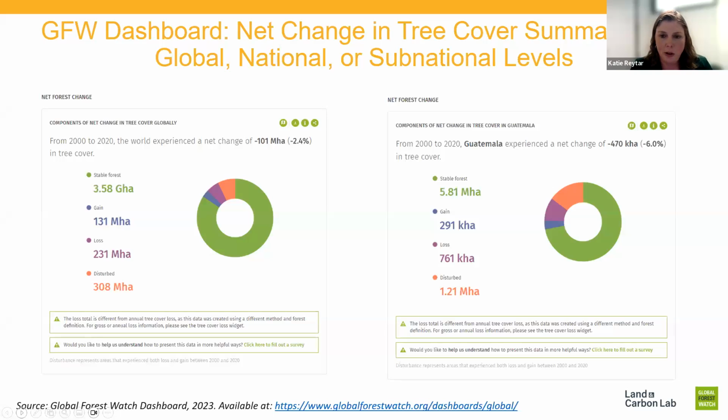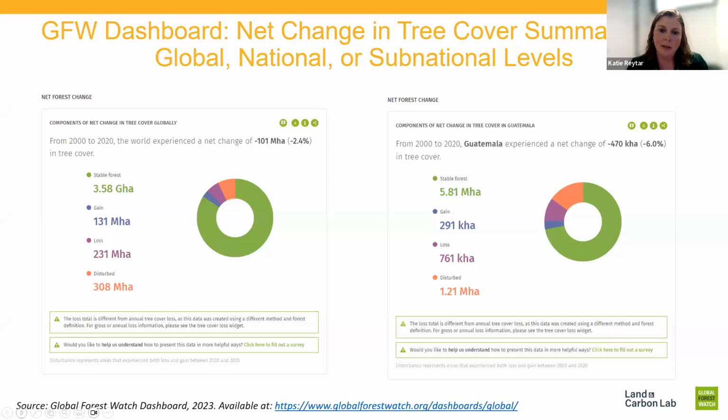And so if we go back to the Global Forest Watch dashboard, these net change data can be viewed as summary statistics and pie charts. On the left is the global view, showing the total stable forest area, the total gain and loss, and then disturbance as well. Disturbance are areas where there was fluctuation in both gain and loss over the time period.